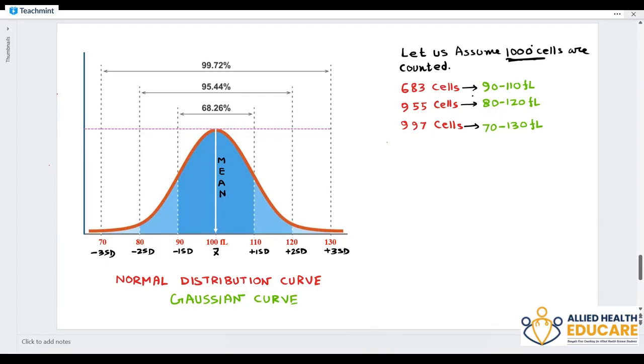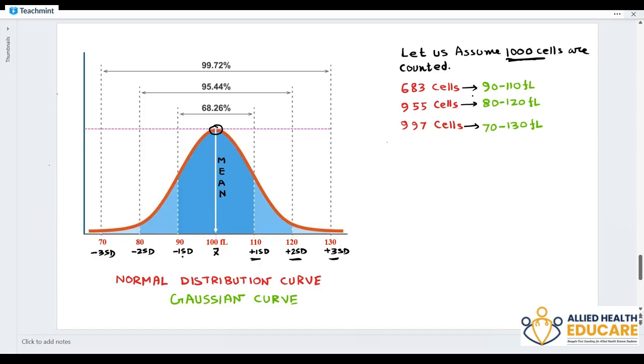In a Gaussian curve, there are many things. There is a mean. The line from the peak of the curve to the base of the curve is called the mean line. This is plus 1 SD on the right side of the mean, this is plus 2 SD, and this is plus 3 SD.